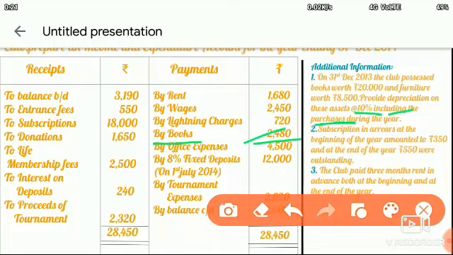So the total depreciation on books would be on the opening value of books and the purchases of books made during the year at the rate of 10%. We also have to provide depreciation on furniture on the opening value. There is no purchase of furniture during the year and no sales. So we have to provide on that 8,500 at the rate of 10%.